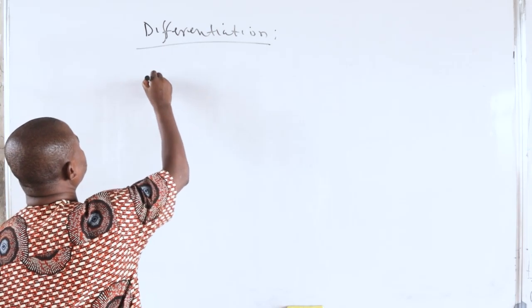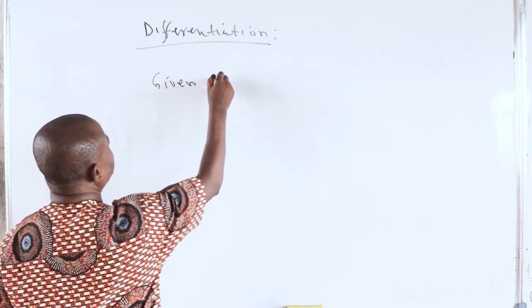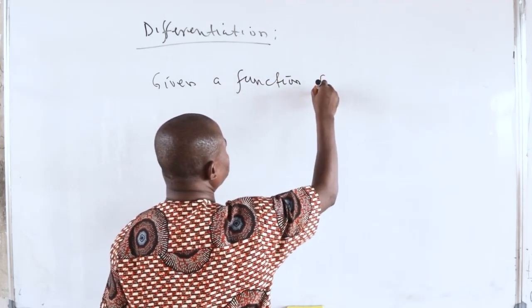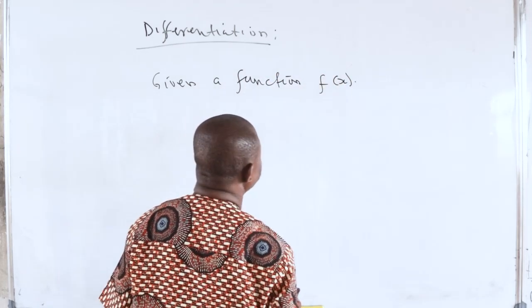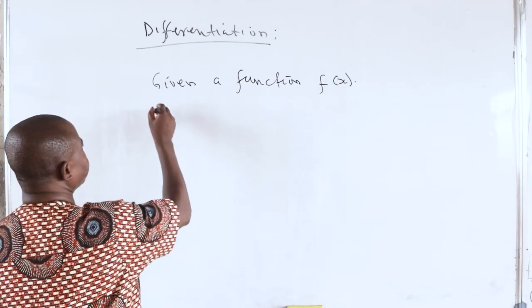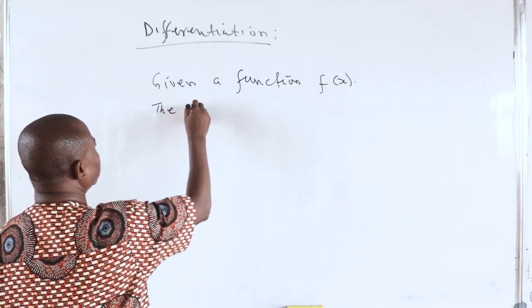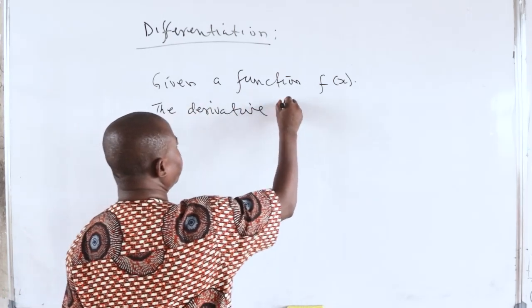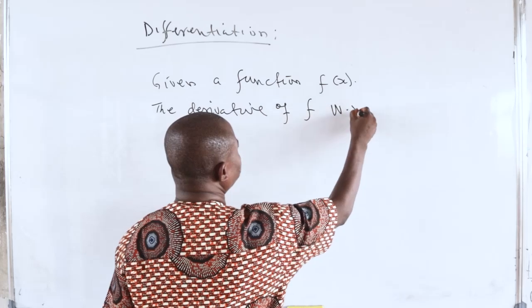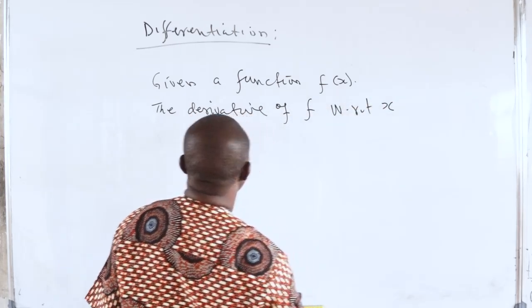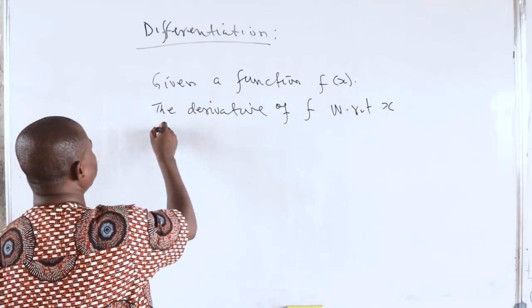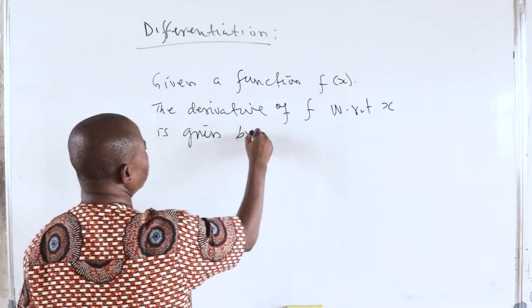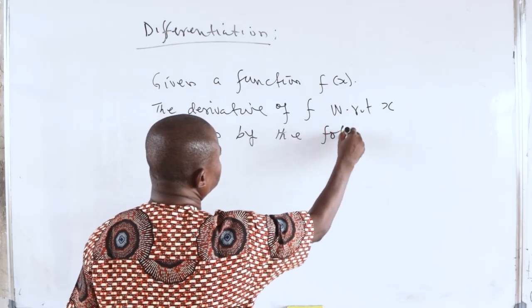Given a function, let me abuse notation and write f of x. The derivative of f with respect to x is given by the following limit.